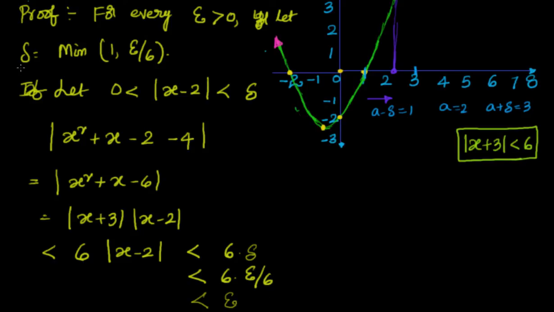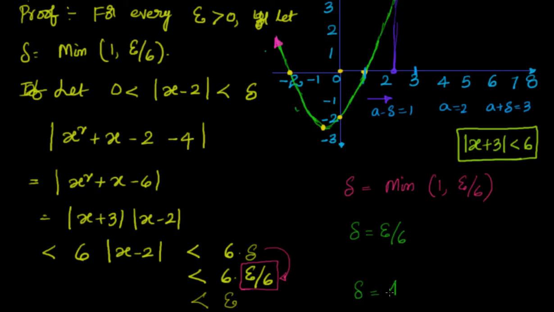Now the only catch here is why we have written epsilon by 6 instead of delta. It is because delta equals the minimum of 1 comma epsilon by 6. There are two criteria here. The first is delta equal to epsilon by 6. The second is delta equal to 1.